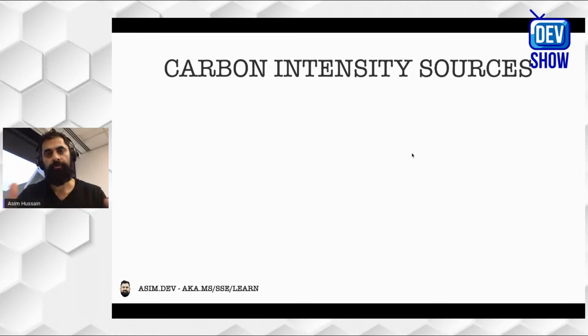If you've got a batch job which can run in a short space of time, maybe you can pick a time when the carbon intensity is lowest. It really depends on region by region and situation by situation. And there are moments in the world where there's so much sun and so much solar that it's essentially 100% zero carbon energy at those moments in time. So there are some things you can do.